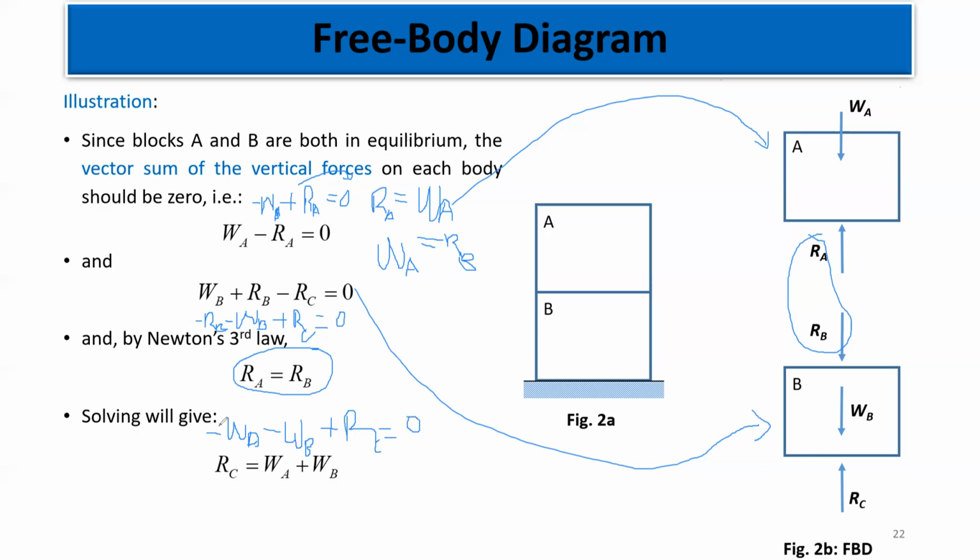If I take minus WA and minus WB to the other side, then I can say that RC here is equal to what? WA plus what? WB.